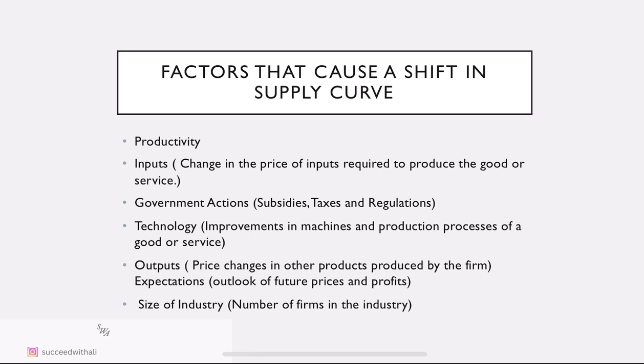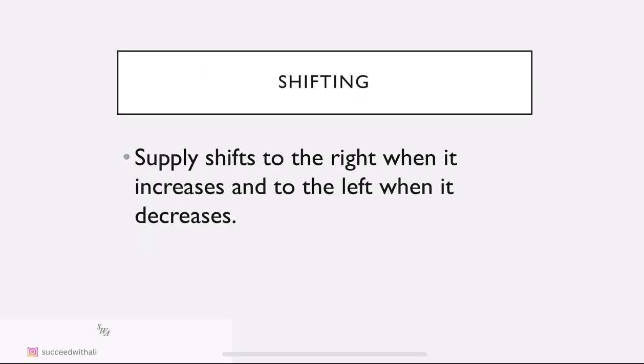Outputs, thus price changes in other products produced by the firm. Expectations: outlook of future prices and profits, and size of industry, number of firms in the industry, etc. Supply shifts to the right when it increases and to the left when it decreases. And again, I'm talking about the graph, thus the supply curve.